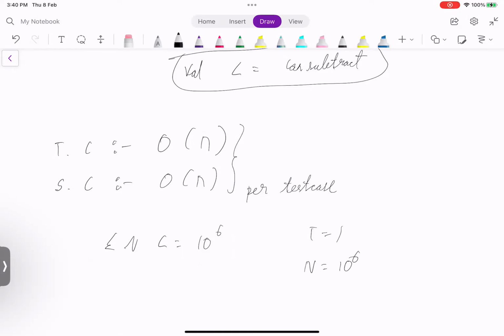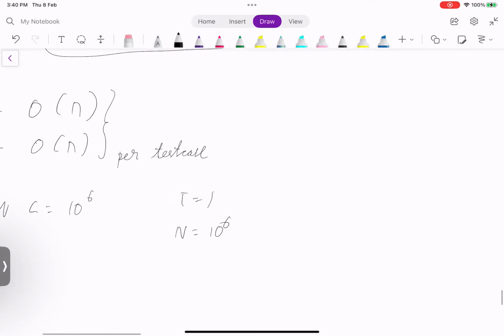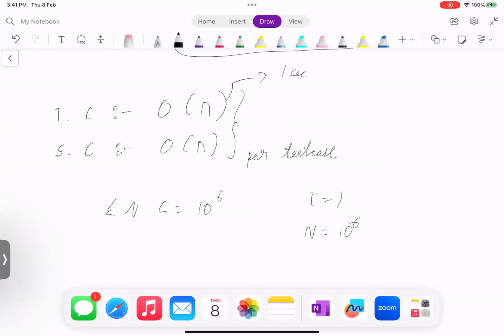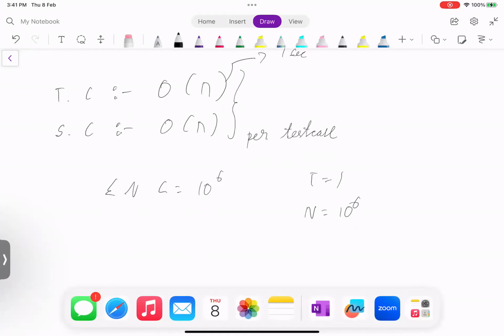This time complexity is sufficient enough to pass in 1 second of TL, and the space complexity is sufficient enough for the given memory limit. So this way you can solve the problem with a time and space of big O of n.